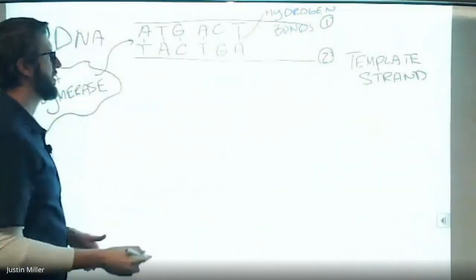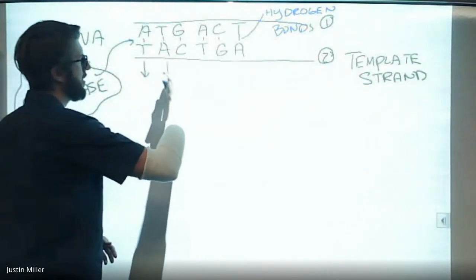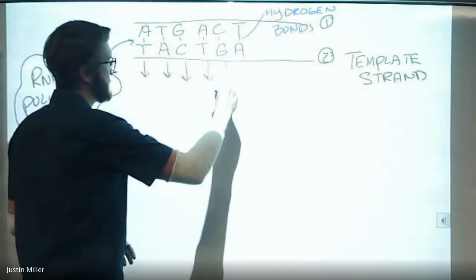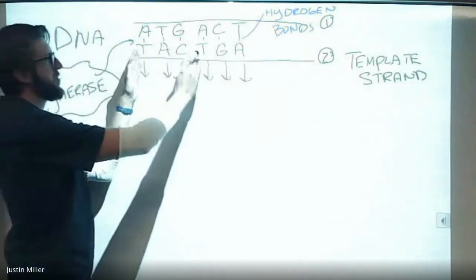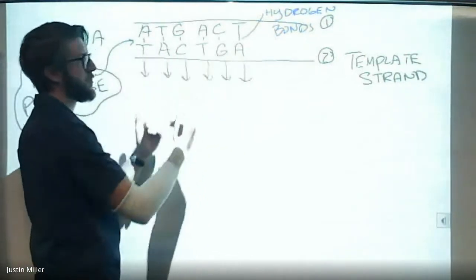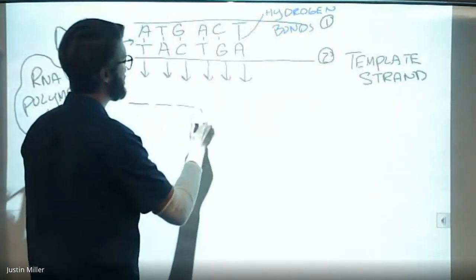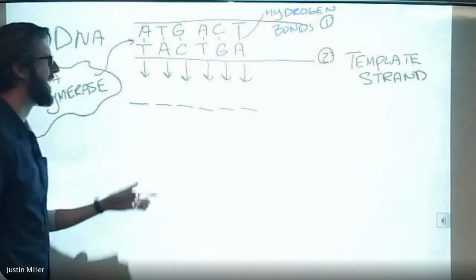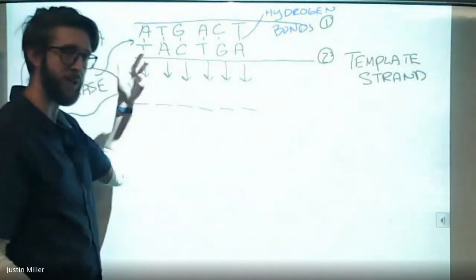Now, copy is not really a good word because it's not an exact copy. When RNA polymerase copies the instructions from DNA and prints out the new mRNA strand, it's not really making a copy. What it's doing is adding the complement to each nucleotide.